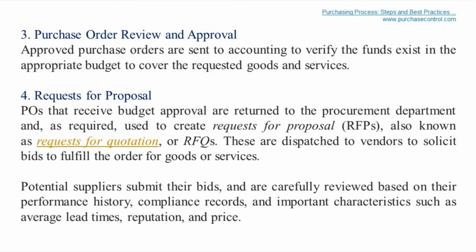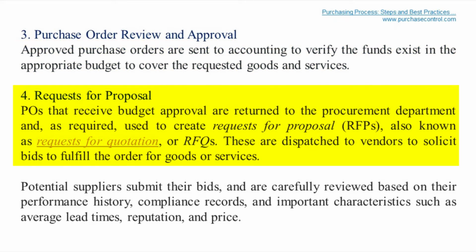Purchase order review and approval. Approved purchase orders are sent to accounting to verify the funds exist in the appropriate budget to cover the requested goods and services. Request for proposal. POs, or purchase orders, that receive budget approval are returned to the procurement department and, as required, used to create requests for proposals, also known as requests for quotation, or RFQs.